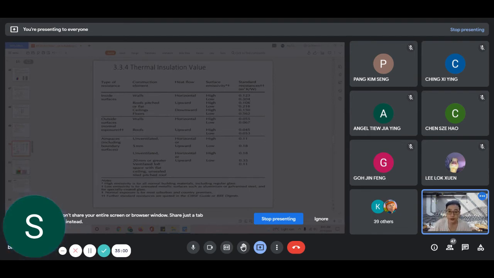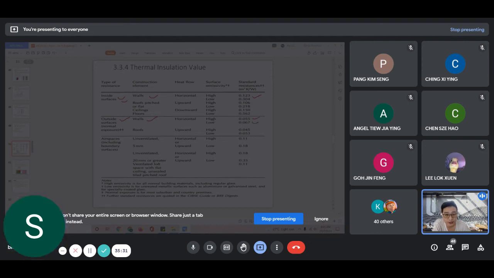Okay, so if you see this table here, this is an example of the different types of resistance for a material. So let's say, for example, we have a wall, inside and outside. The inside surface will have this resistance value, and then for the wall, the outside surface will have this value and this value.